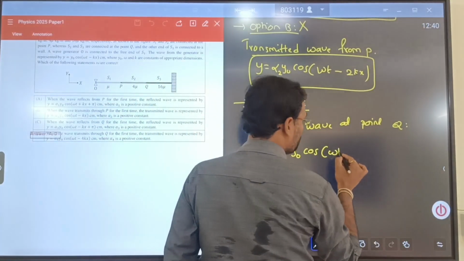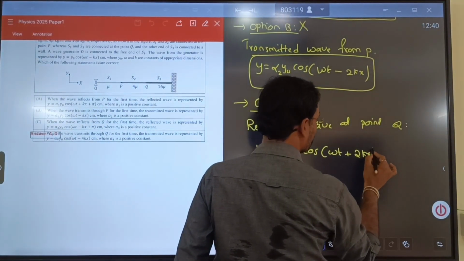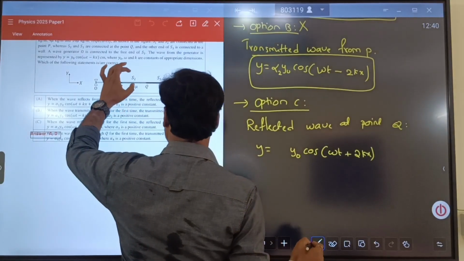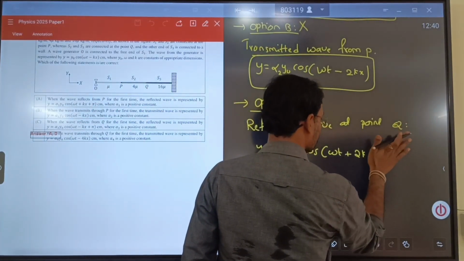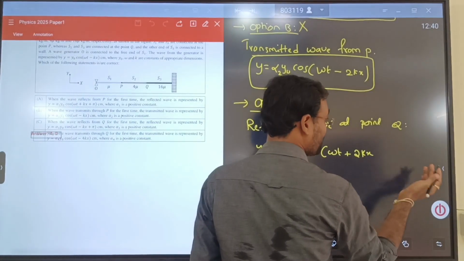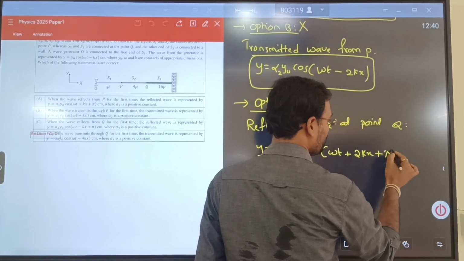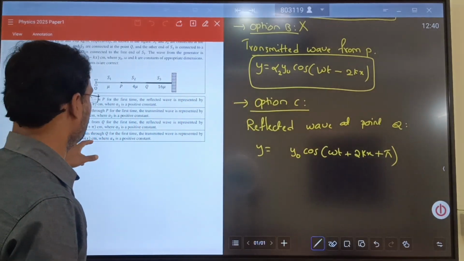That means I have to represent it with plus 2kx, because for the S2 thread we have 2k as the wave number, and since it is reflected it gets a phase change of pi. So our answer should be like this, but they are representing it with a negative sign.